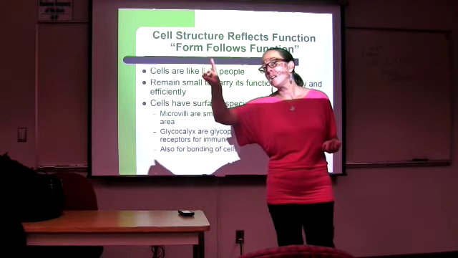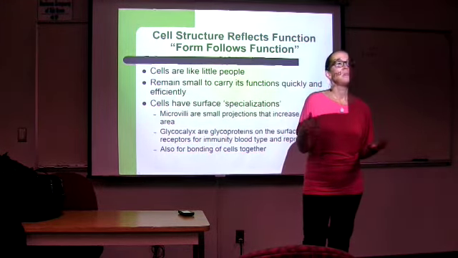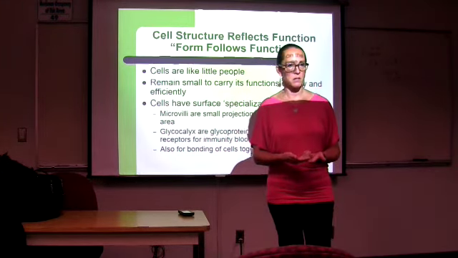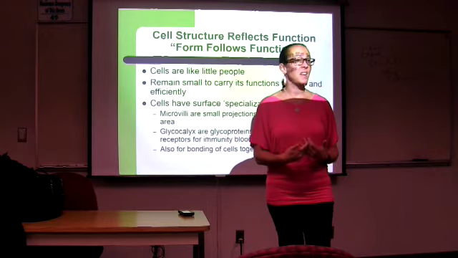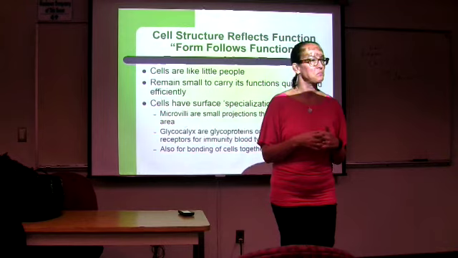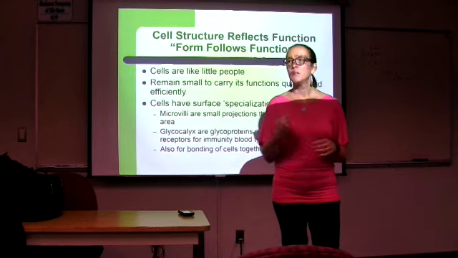So we'll see, for example, the cells of the GI tract have microvilli. Because in the GI tract is where we absorb all those yummy foods that we just ate for breakfast. And we want lots of surface area to absorb as much as we can from that foodstuff. Does that make sense? Okay, so cilia, microvilli.